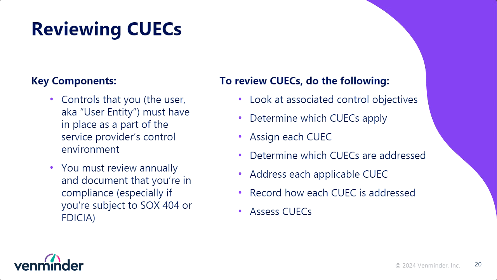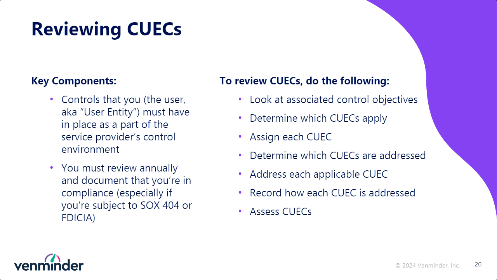So understanding your relationship with the vendor and how you use that product or service is going to be critical, because it's going to allow you to weed out any CUEs that you don't need to waste your time or resources on. And then assigning each CUE. We'll talk about this more in depth in the next couple of slides, but it's very important to make sure that there's a level of accountability to each CUE.